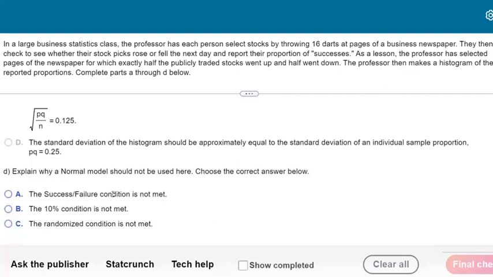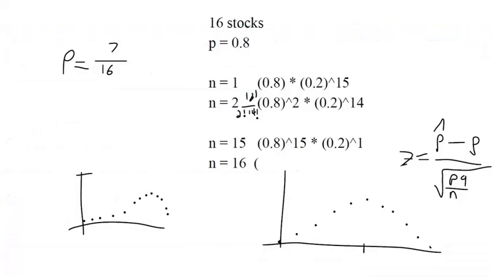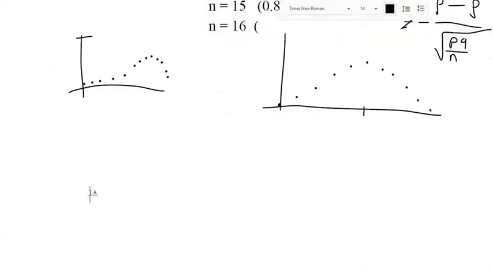The success-failure condition says that you need to have these two inequalities to be true. And actually, I've seen these be different from one book to the other. n times p needs to be greater than 10, and n times q needs to be greater than 10. And if those conditions aren't met, then your distribution of numbers isn't going to be approximately normally distributed. There'll be too much fluctuation.